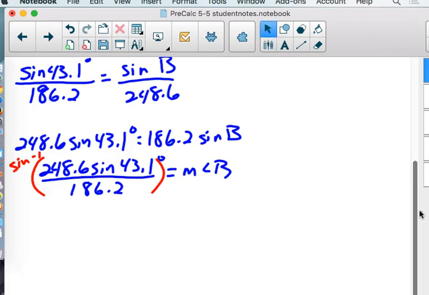Probably going to need that again. So we've got 65.819. Good.